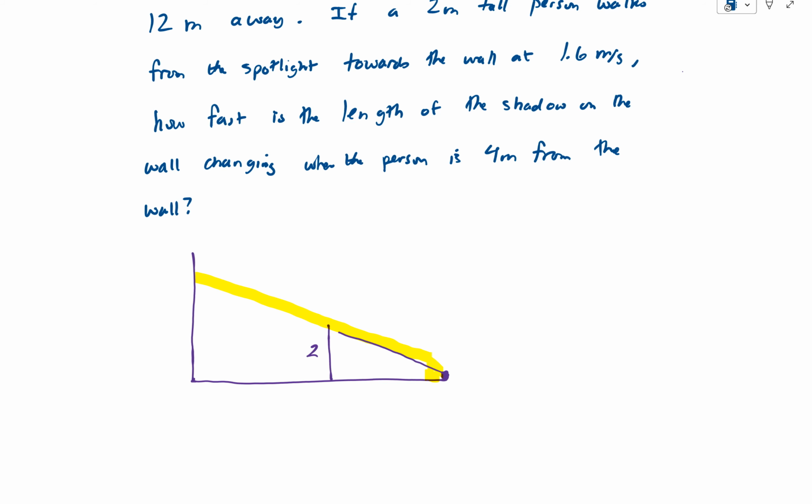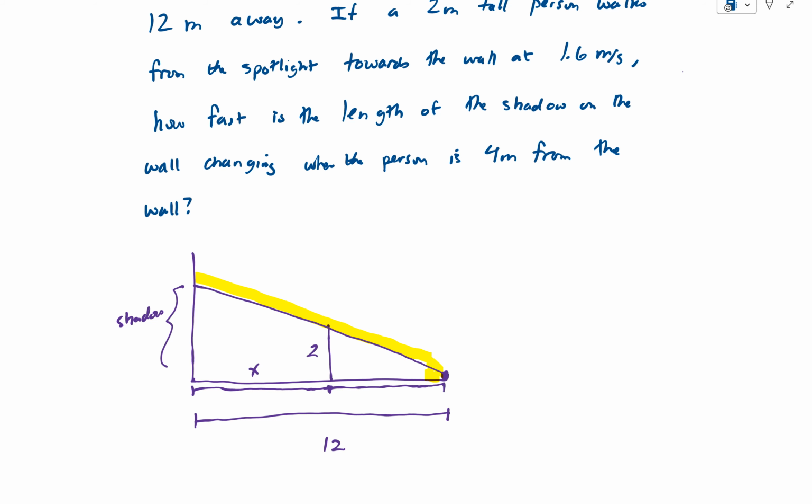So this part is our shadow. And I know this entire distance here is 12. Let's call this distance from here to here x. So then this distance from here to here is 12 minus x. And we'll call the height of the shadow here h.